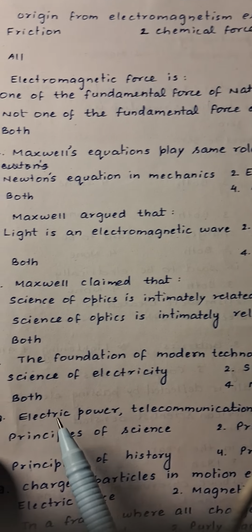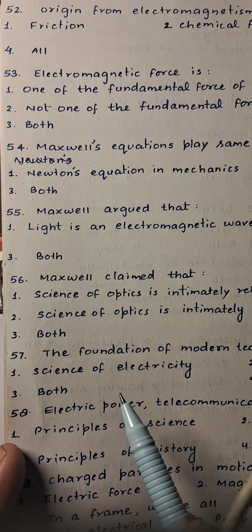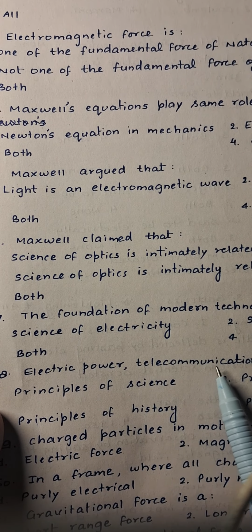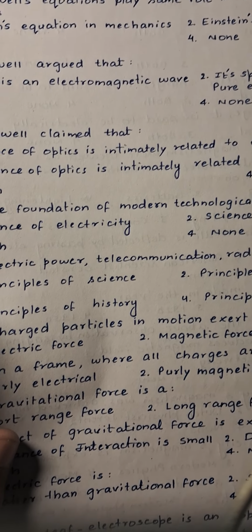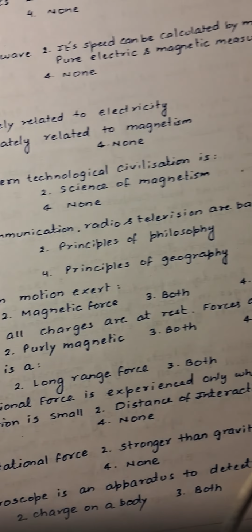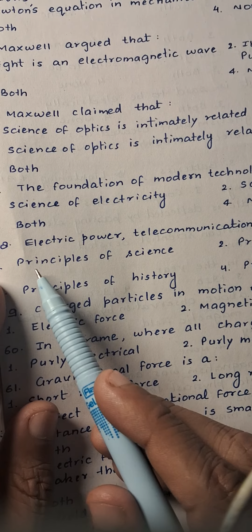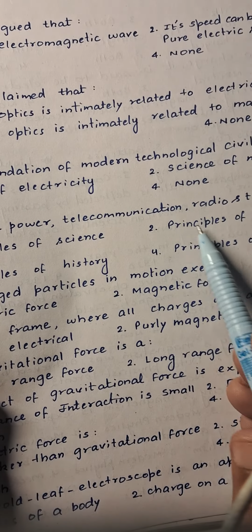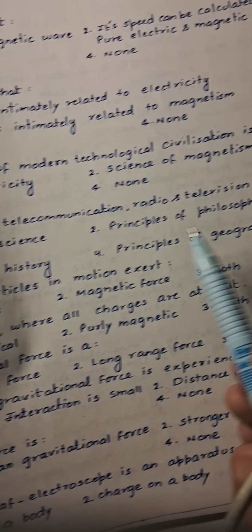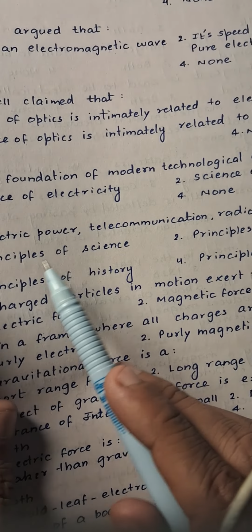Next is electric power, telecommunication, radio and televisions are based on. So they are based on, first is principle of science, second is principle of philosophy, third is principle of history, fourth is principle of geography. So based on principle of science.